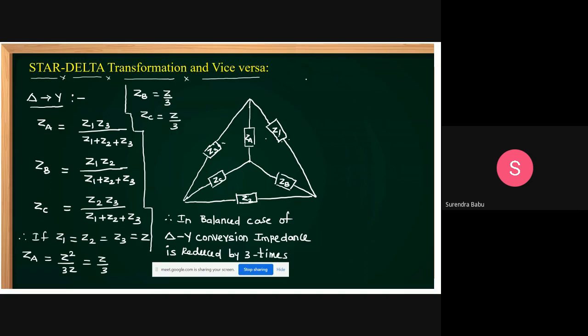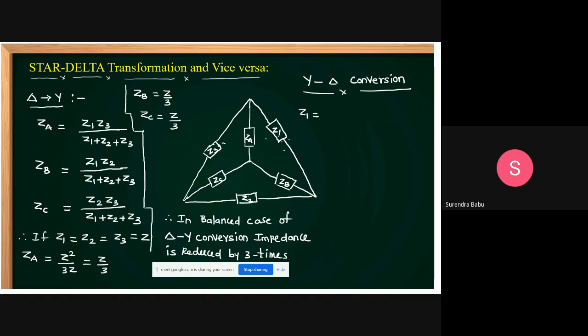Next, you concentrate on star to delta transformation, star to delta conversion. Now, you tell me how to convert star to delta, students. That means you want to calculate the impedances of the delta network. For example, I want Z1.